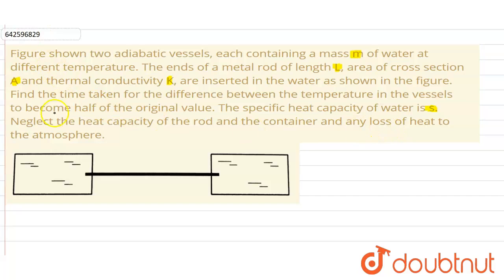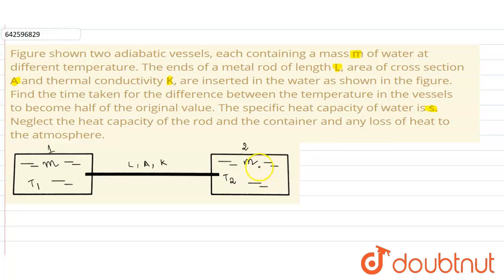So in the given question we have two containers. Suppose this is container number 1 and this is container number 2, containing equal quantities of water of mass m at different temperatures, let us suppose T1 and T2. A rod of length L, area A, and thermal conductivity K connects the two vessels. We assume there is no loss to the atmosphere, so the energy transferred will be conserved, correct?